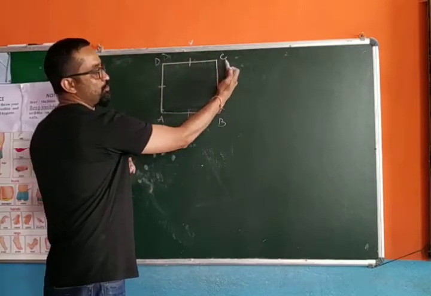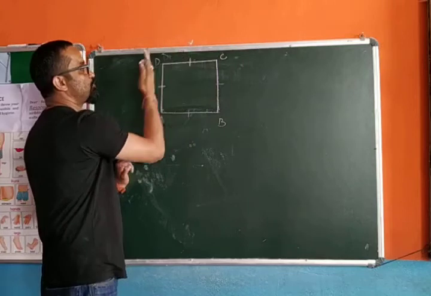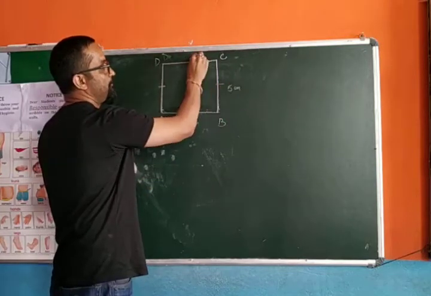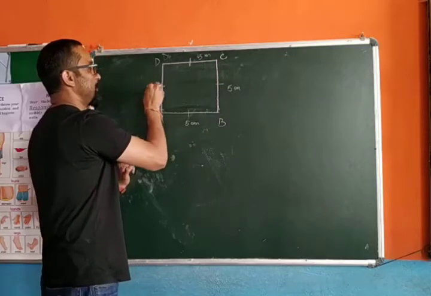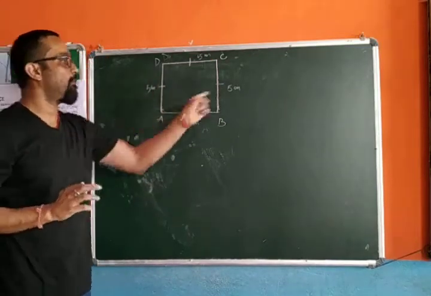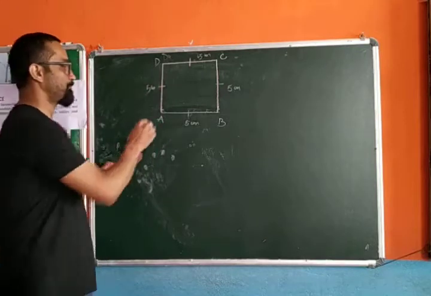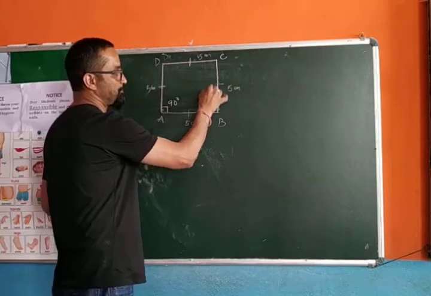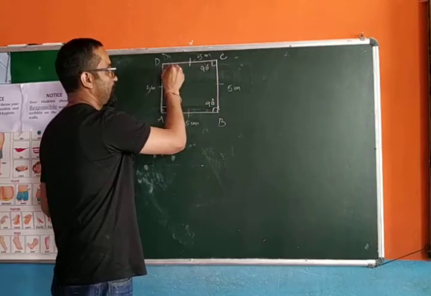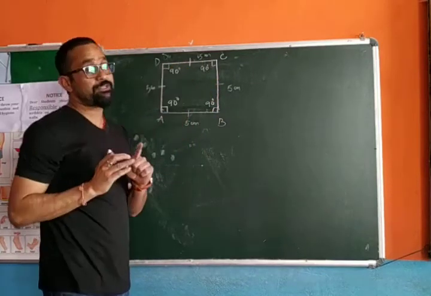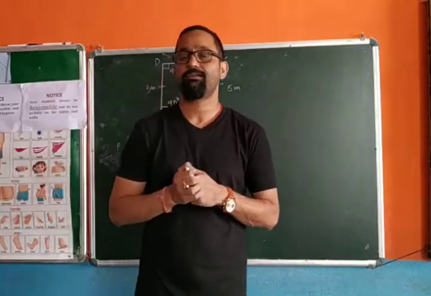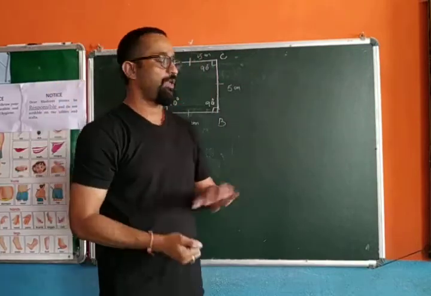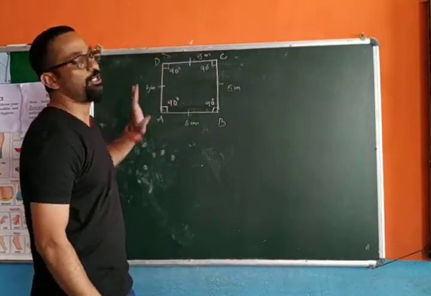AB is equal to BC equal to CD equal to AD. If it is 5, it will be 5 centimeters each. All sides are equal. Each side is inclined at 90 degrees. So there is a difference between a rectangle and a square. In a rectangle, opposite sides are equal. In a square, all sides are equal.